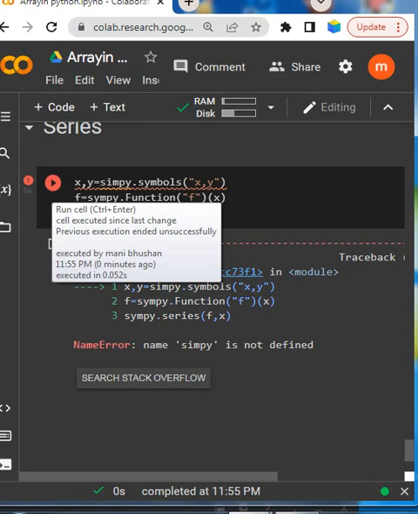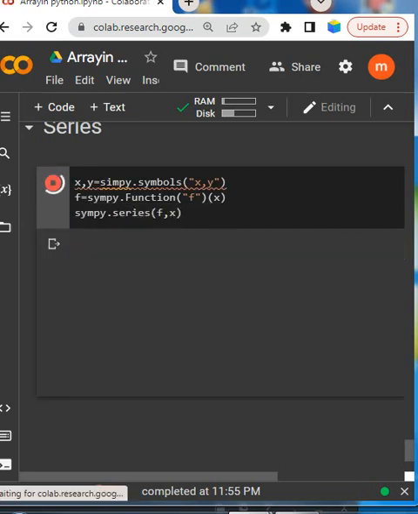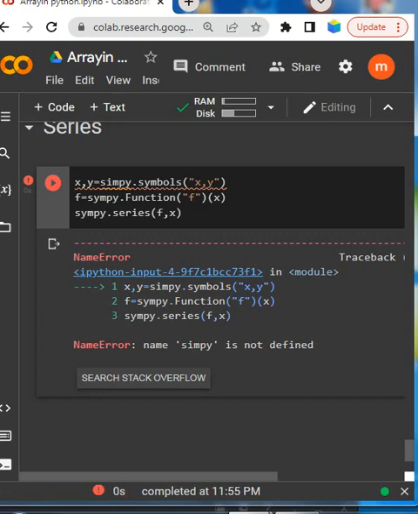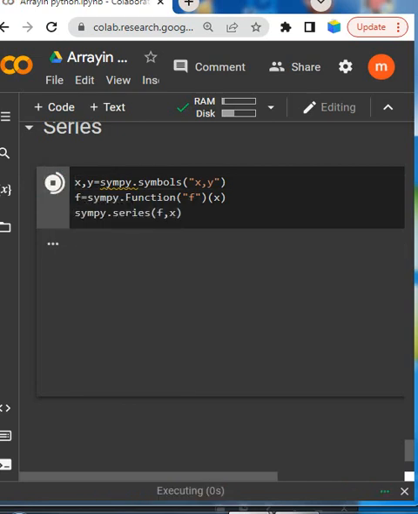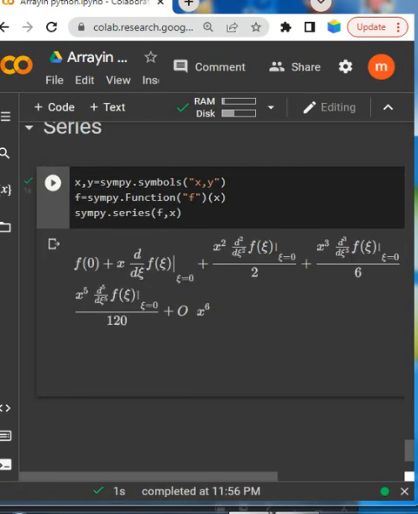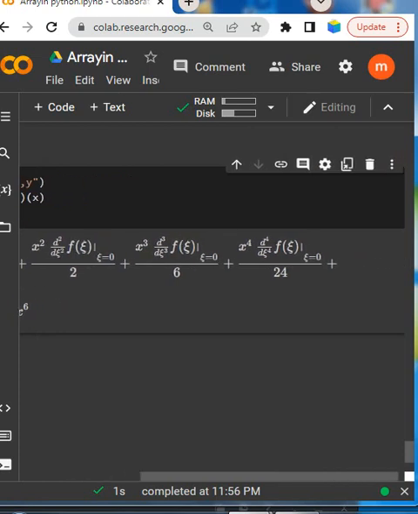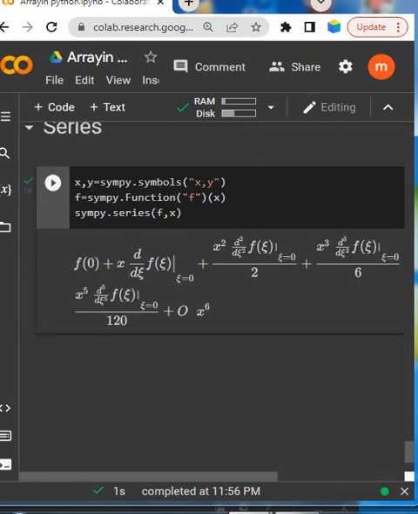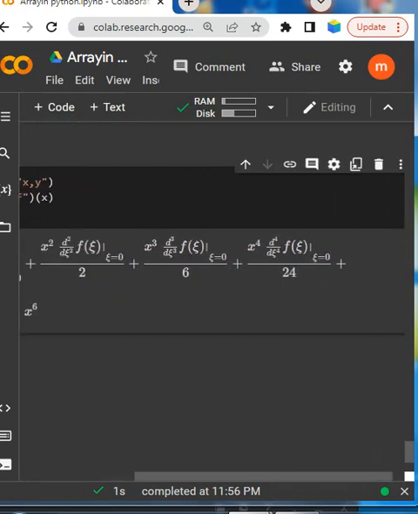Sympy has not been imported, so I need to import Sympy and the others. Sympy dot symbols and Sympy dot Function. So let's see, yeah. Look here, don't be surprised, we can create easily within seconds. So a complex type of series has been generated like this.